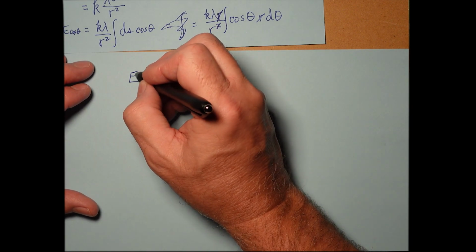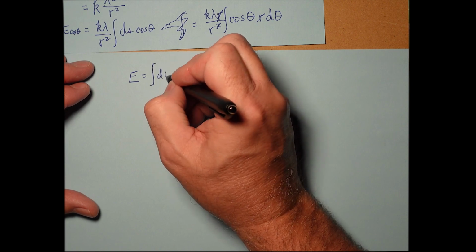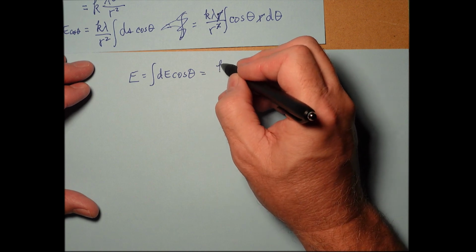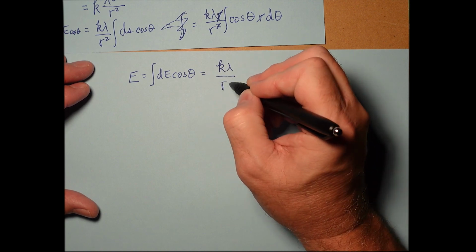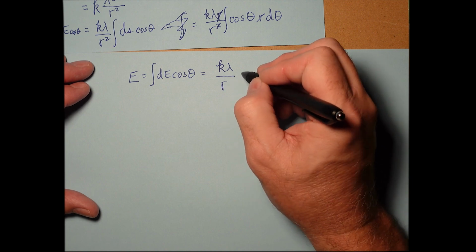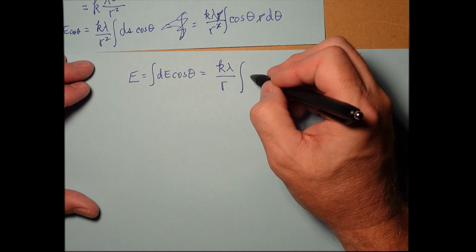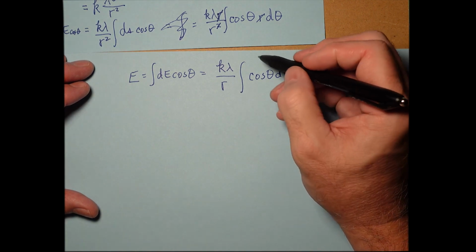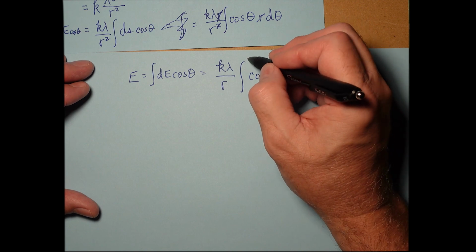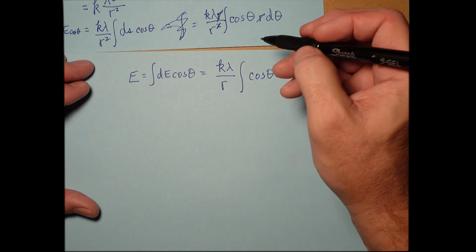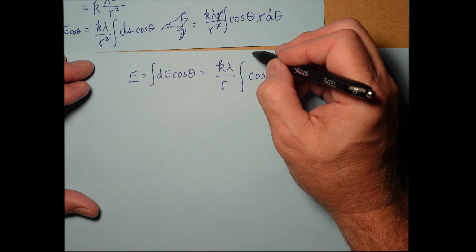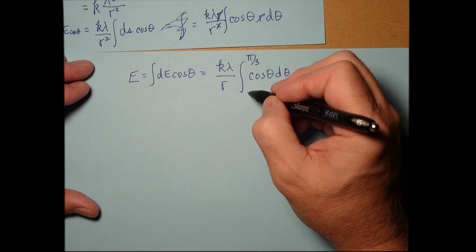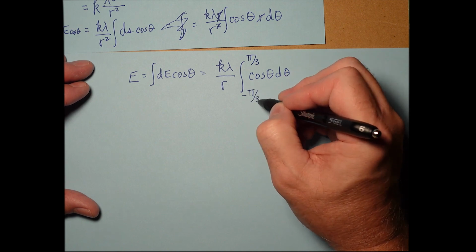So the total E, which is the integral of all of the dE cosine theta terms, is equal to k lambda over r times the integral of cosine theta d theta. And now we have to plug in our limits. Remember, this only works if we're dealing with radians, so 120 degrees, that's plus or minus 60, so that's pi over 3 and minus pi over 3.